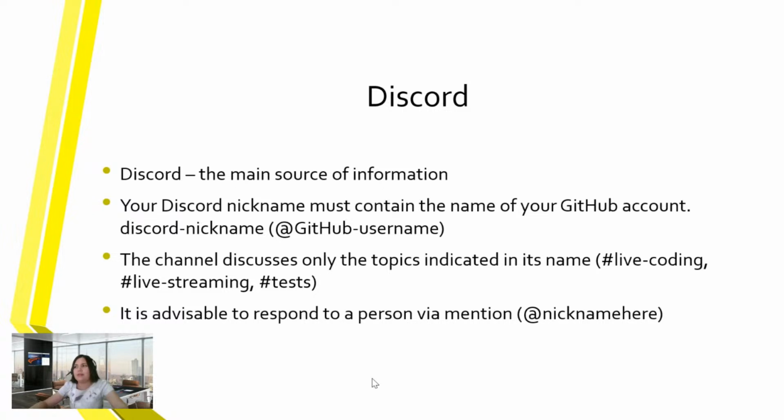Also, we have special chats in Discord, like live coding, live streaming, tests, and in these chats you can ask questions related to these topics. But if you ask an inappropriate question in the wrong chat, your question will be removed. Also, if you want to receive an answer from somebody, it's better to write a tag with their name.